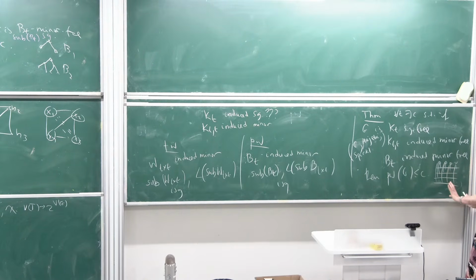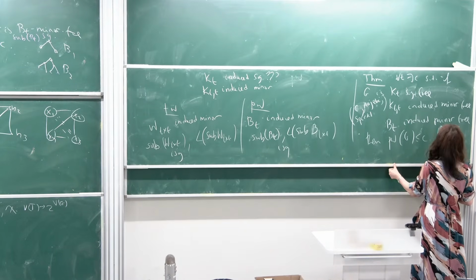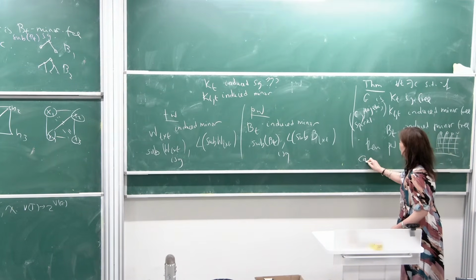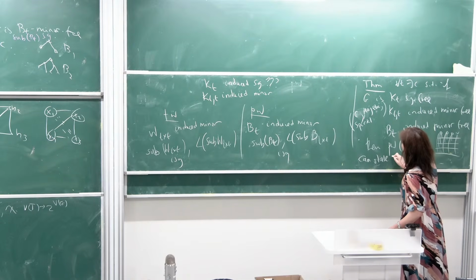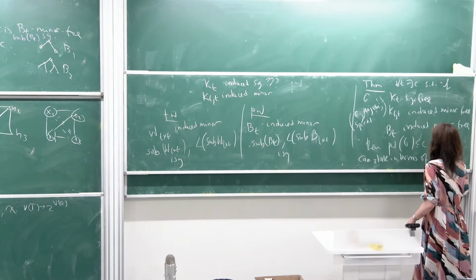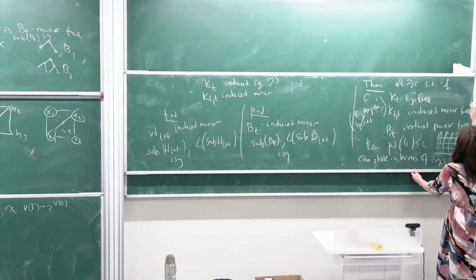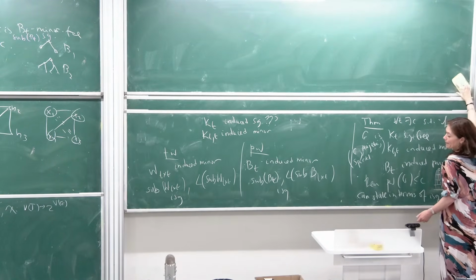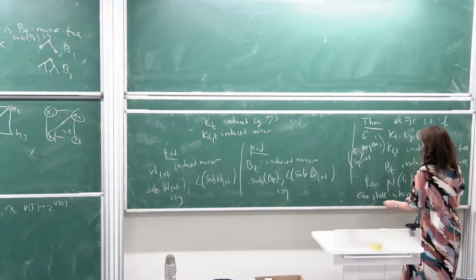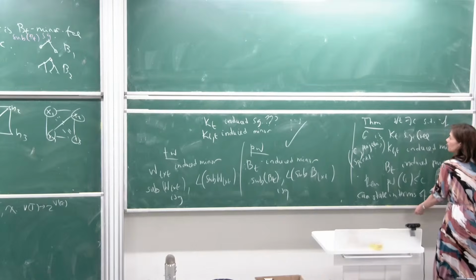But it's some graphs of this kind. There's a theorem about that. Okay, so that's very nice. So pathwidth we completely understand in the induced world.